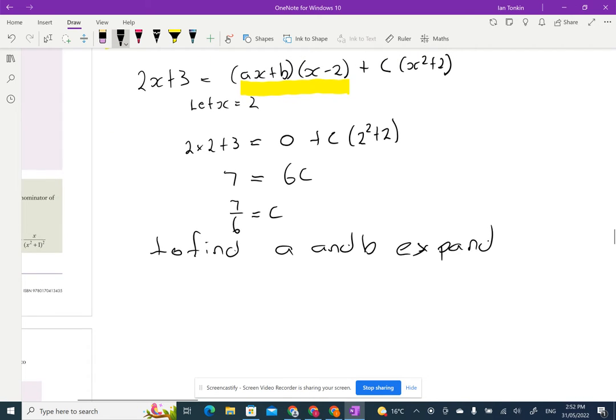So now I get 2x plus 3 equals, if I expand that, ax squared minus 2ax.